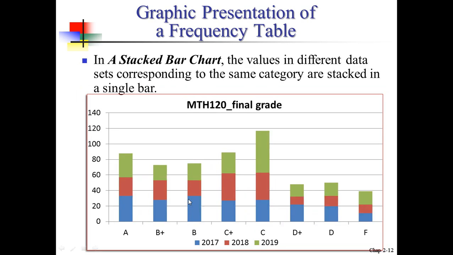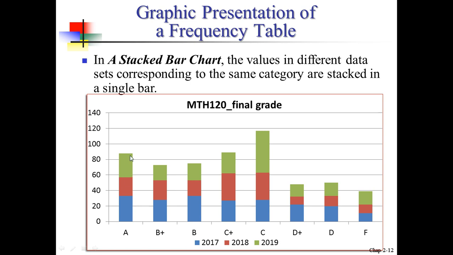However, a stacked bar chart. In a stacked bar chart, the values in different data sets corresponding to the same category are stacked on each other, stacked into a single bar. For example, this one is similar to a simple bar chart, but a simple bar chart is only 1 year. But this is 3 years together in one bar.